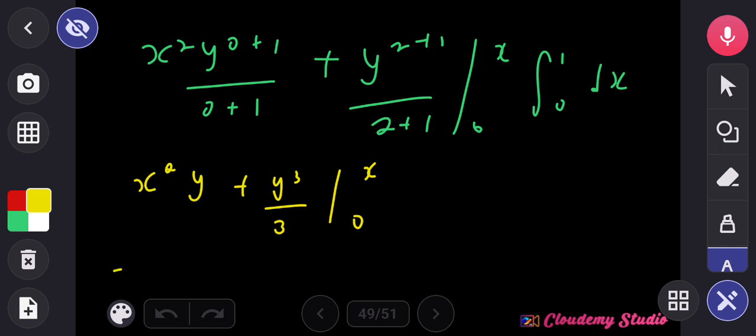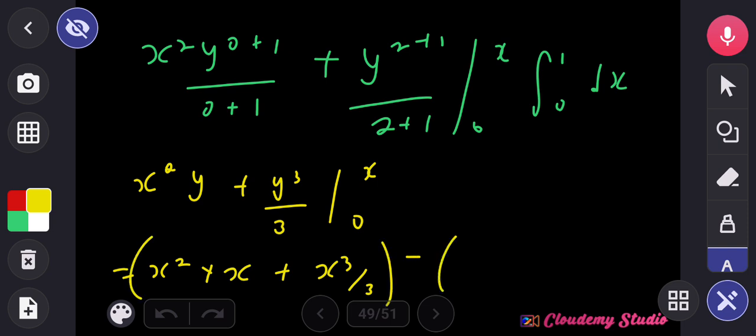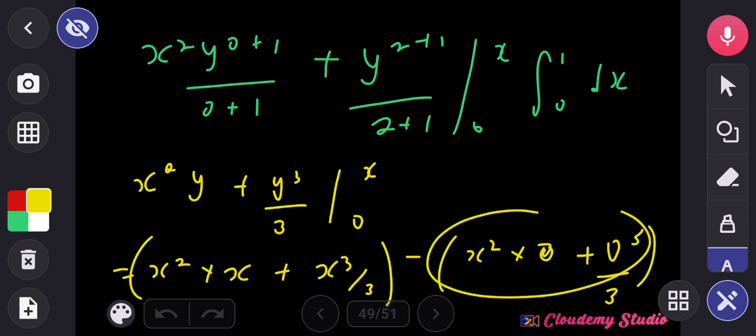So that is equal to x squared multiplied by, instead of y, I'm going to write x, plus x raised to power 3 divided by 3, minus x raised to power 2 multiplied by 0 plus 0 divided by 3. And this whole thing is going to give me 0.